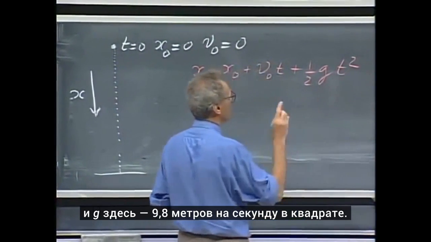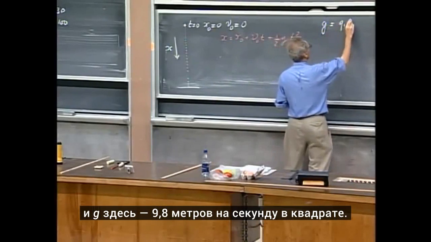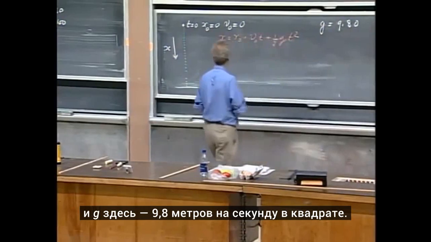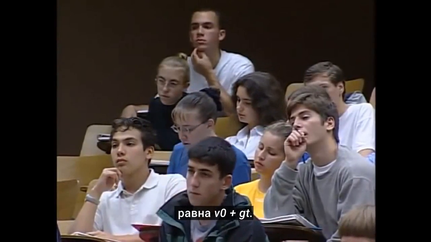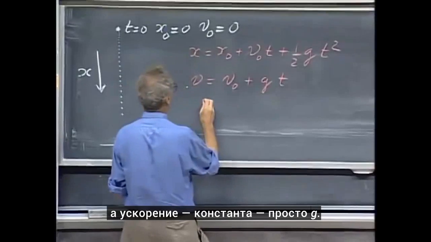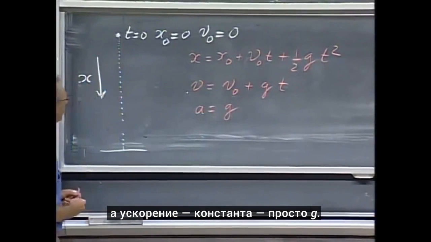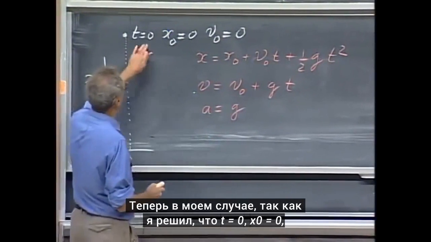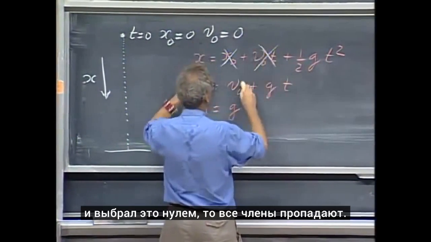And g now is 9.80 meters per second squared. The velocity at any moment in time equals v0 plus g t, and the acceleration is constant, is simply g. Now, in my case, I have chosen t equals 0, x0 is 0, and I've chosen this 0, so these go.